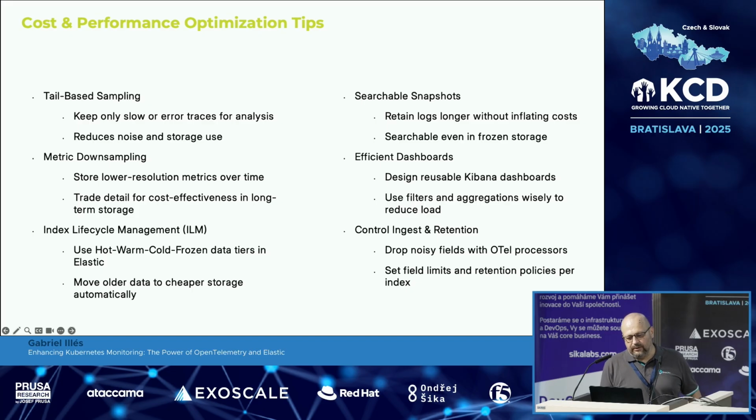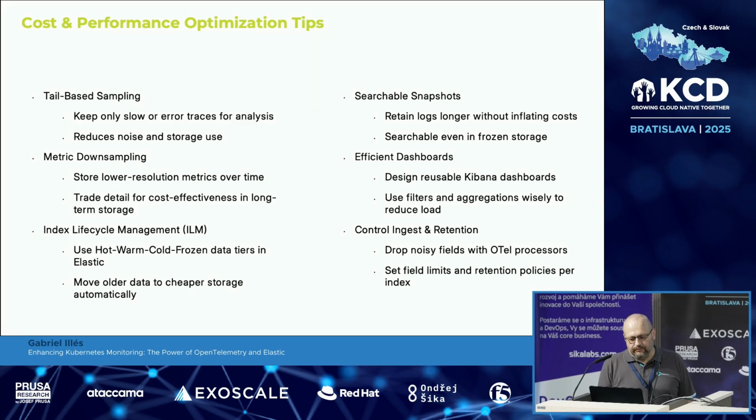Basically, if you have to reduce the cost and optimize the performance, tail-based sampling keeps only traces that matter: errors, slowness, anomalies, and metrics. Also, downsampling the metrics can reduce the storage and usage and make this architecture cost effective.